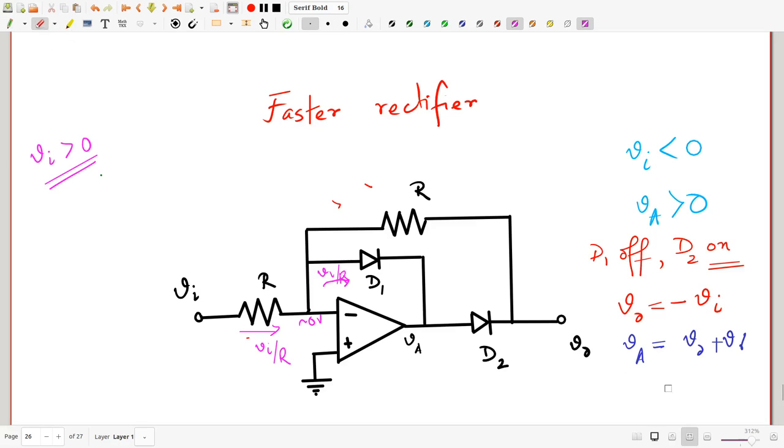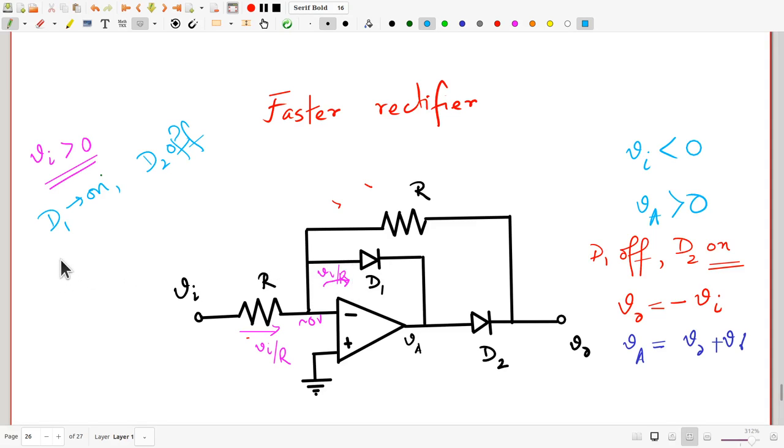So just to repeat what I said, if Vi is positive, D1 is going to go on, D2 now is off, and that means you do have a virtual ground here, and the entire current flows through D1.